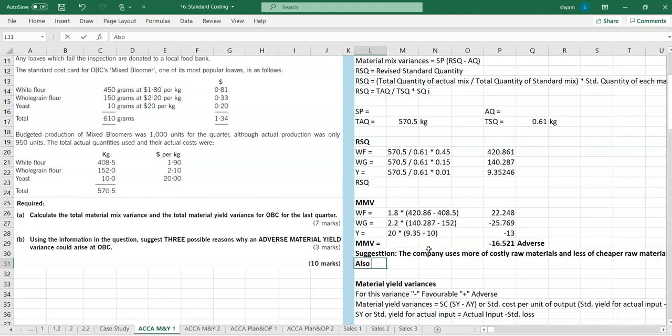Also, the company has moved away from the standard proportionate mix, and they are using a lot of the costly raw materials, in brackets we'll put WG, Y, and the cheaper raw material is WF, so they are using less of that.